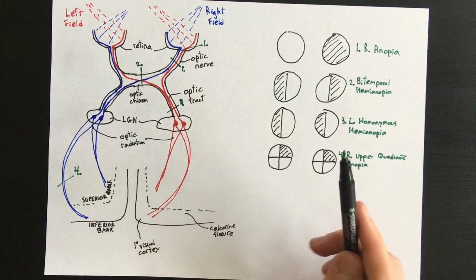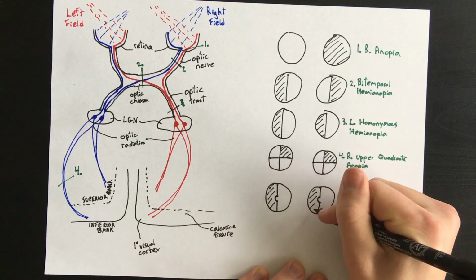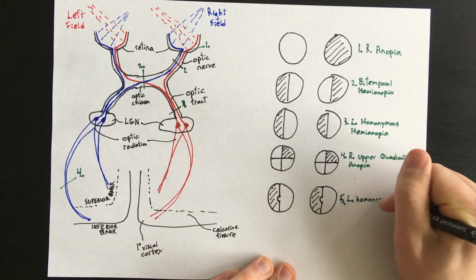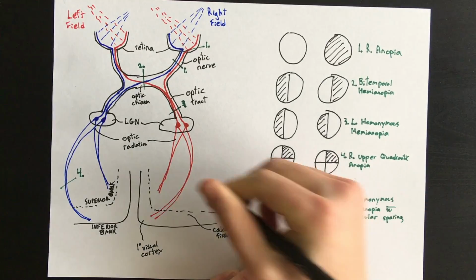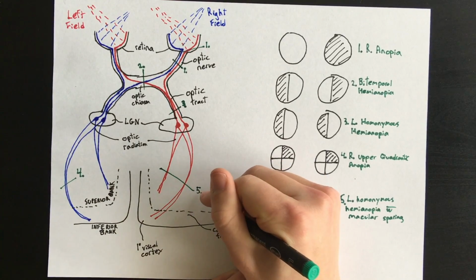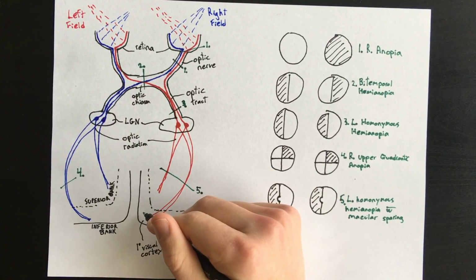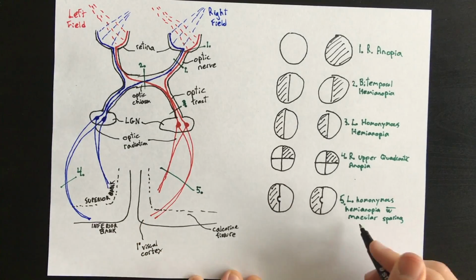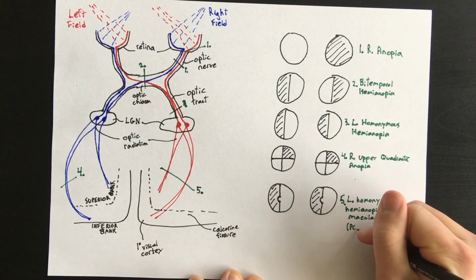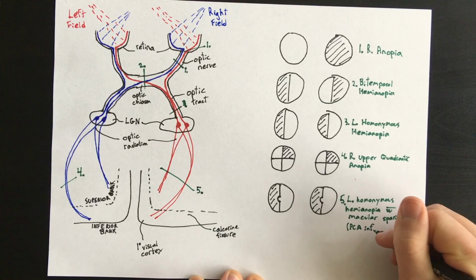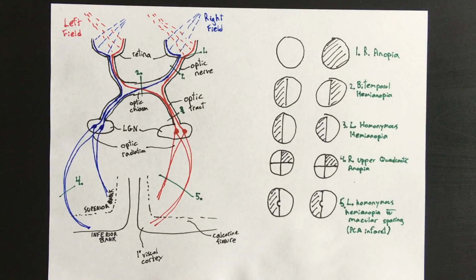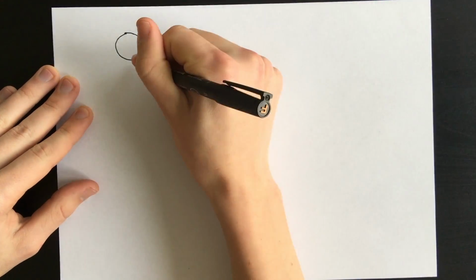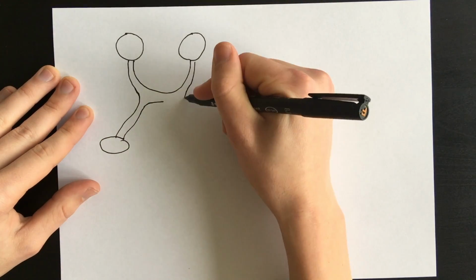Finally, a homonymous hemianopia that has macular sparing occurs from damage to the occipital lobe from a posterior cerebral artery infarction, because the macula, which is located centrally and posteriorly in the visual cortex, has collateral supply from the middle cerebral artery. You can see how using these visual defects is clinically quite significant in order to help determine the location of a lesion. We can also use the pupillary reflex in a similar manner.